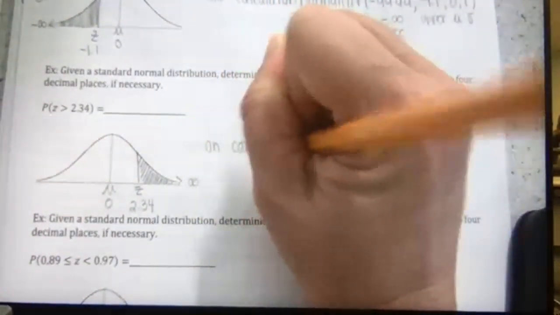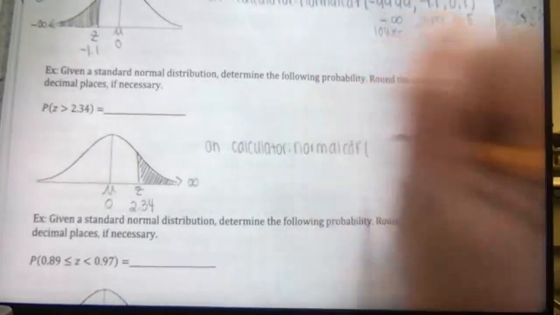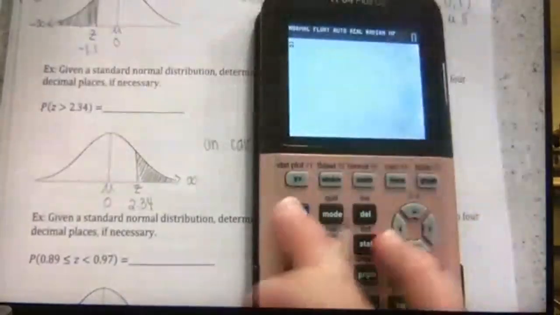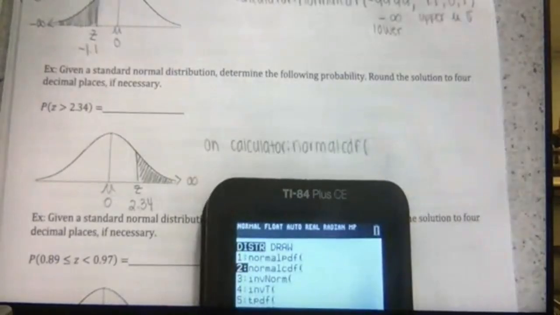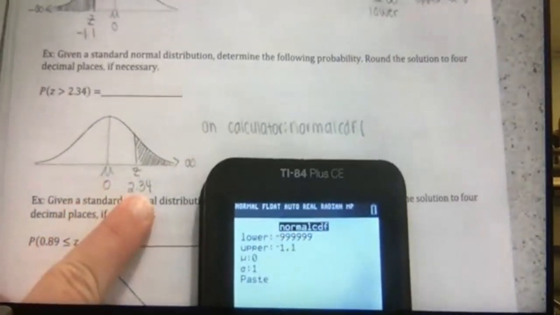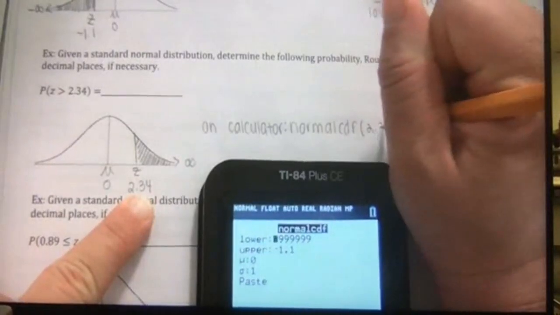So again, on our calculator, we have our normal CDF. Second VARS, going down to normal CDF. Our lower limit, looking at the left-hand side, is where our graph starts, at negative 2.34.